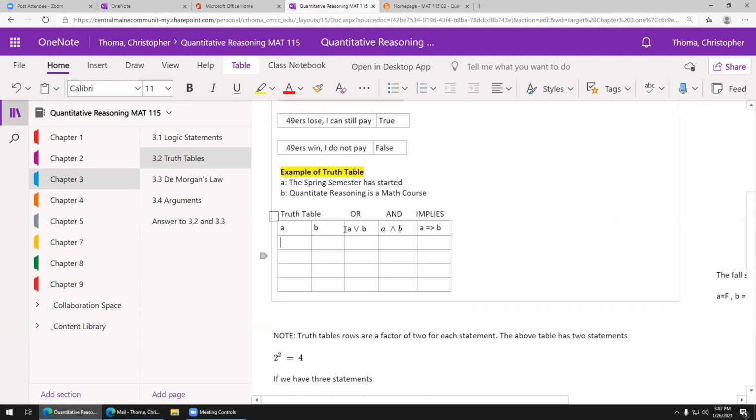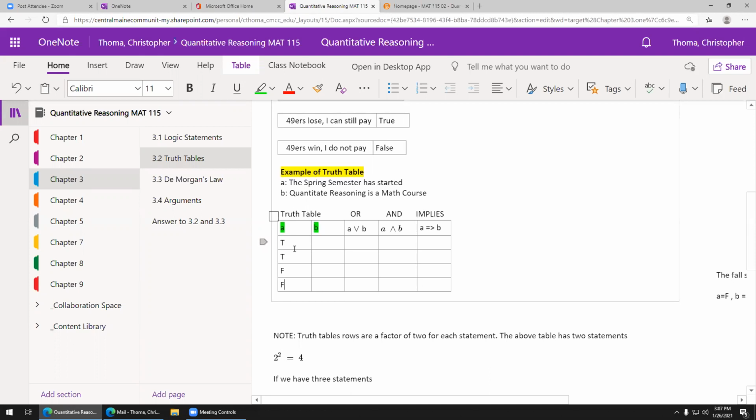When you first start your table, create a column for each statement. We have two statements, so I have two columns. This is the pattern I use: true, true, false, false.